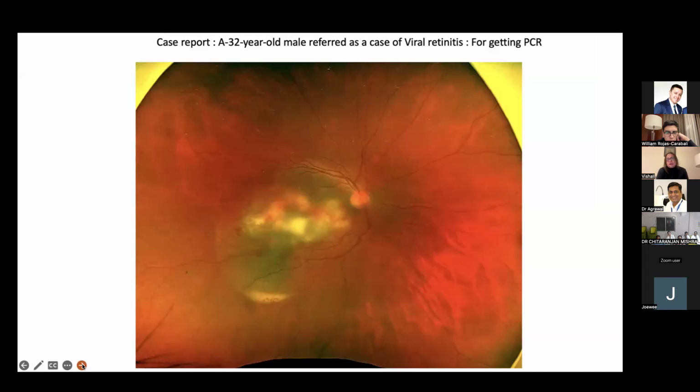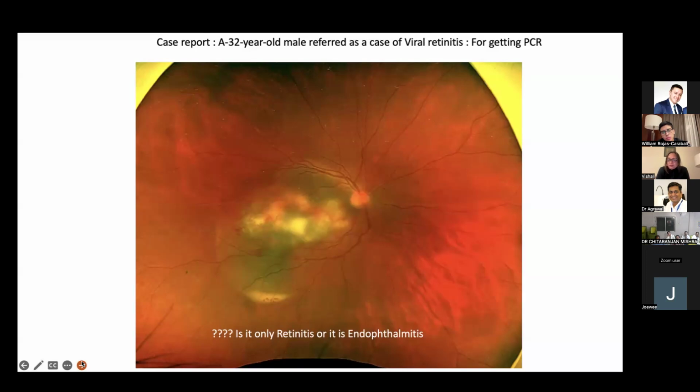Another patient, a 32-year-old male, referred as a case of viral retinitis for getting antiviral therapy. Now you look in one go, there is, of course, retinochoroiditis in the posterior pole, there is fluid, and there is posterior hypopyon. Why should a patient of viral retinitis have posterior hypopyon? It's not very common.